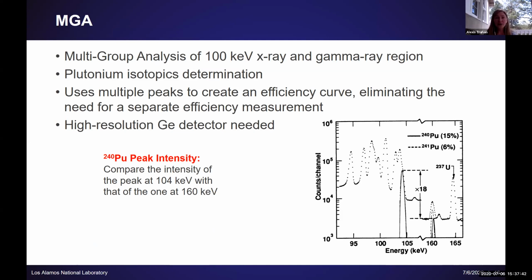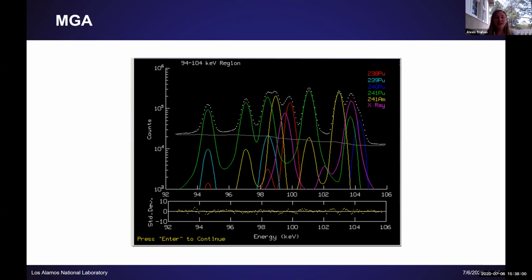When you have a high resolution detector, such as high purity germanium, you can differentiate between these gamma ray energies and peaks in order to determine the relative peak intensities and therefore the relative contributions of different isotopes of plutonium. And I love this image because to me, this exactly shows a couple of things.